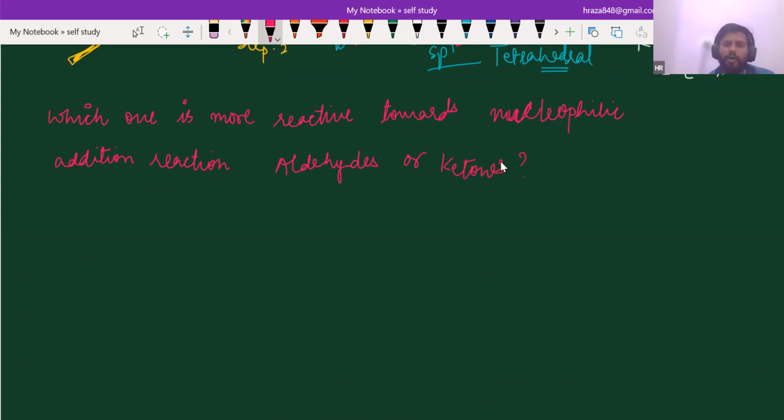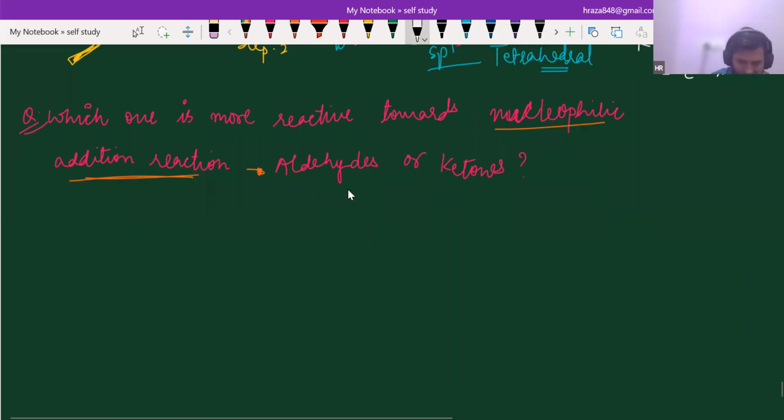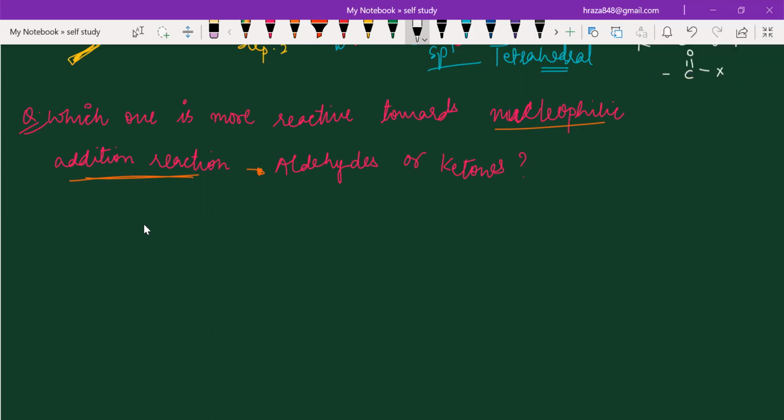Which one is more reactive towards nucleophilic addition reaction, aldehydes or ketones? Any one of you? Sir, aldehyde. Why is aldehyde more reactive? Is there any reason?